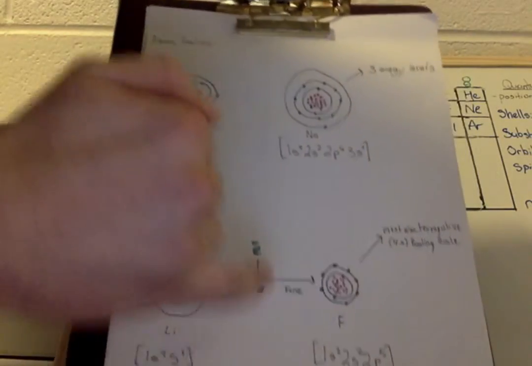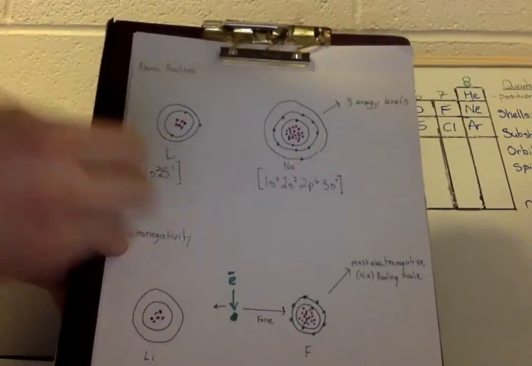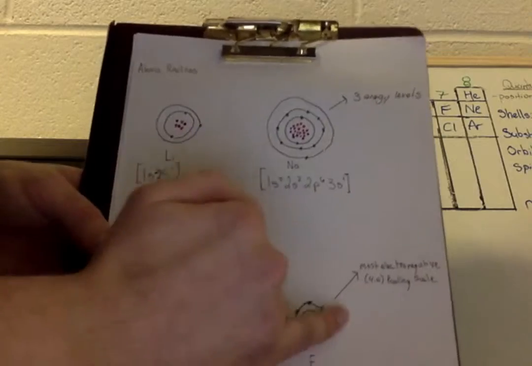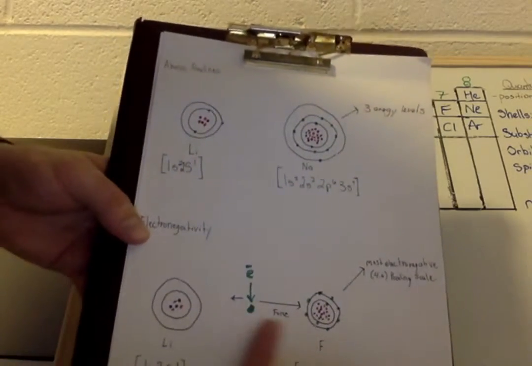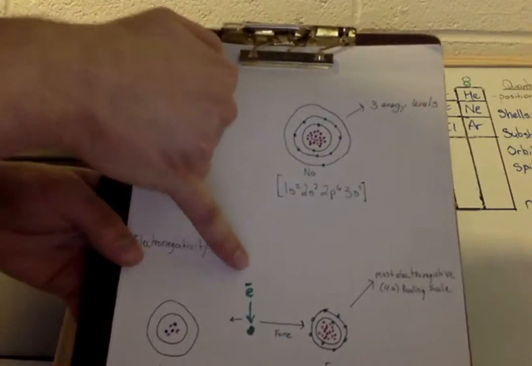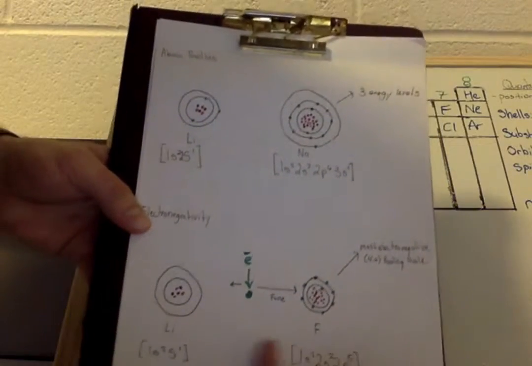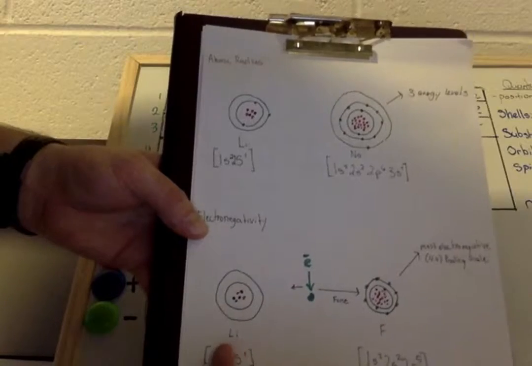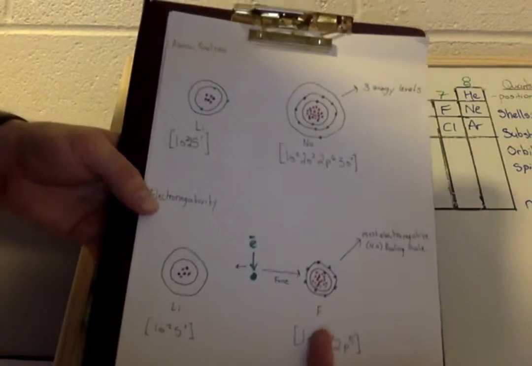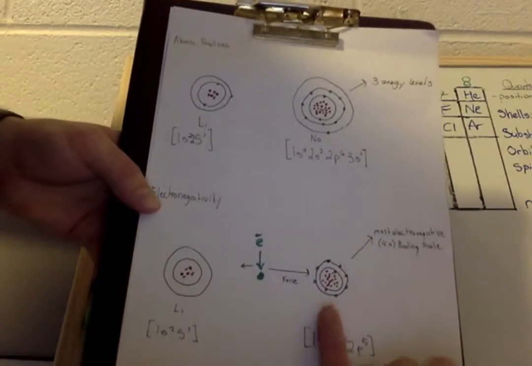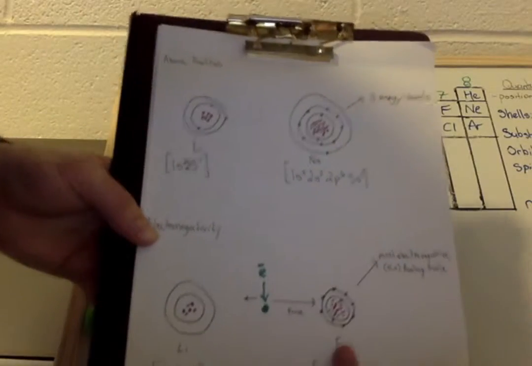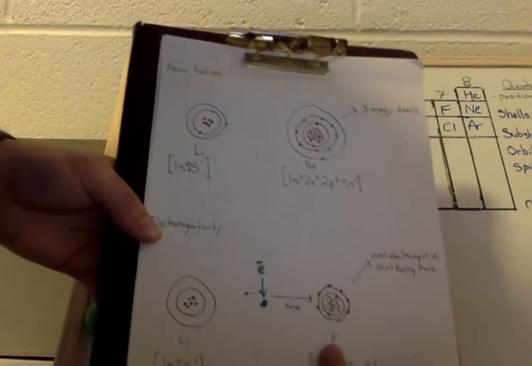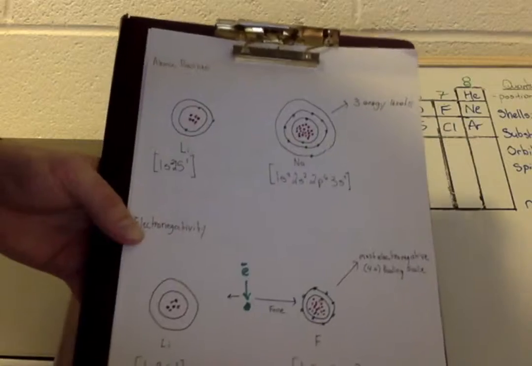Because atoms are most stable when they have 8 electrons in their outermost ring, there is a much greater force on this lone electron being attracted towards fluorine than it is being attracted towards lithium. Because of this, the most electronegative atom is fluorine, with a value of 4 on the Pauling scale.